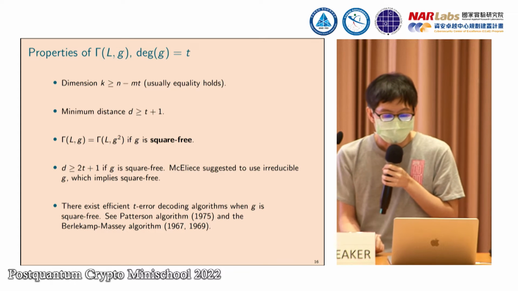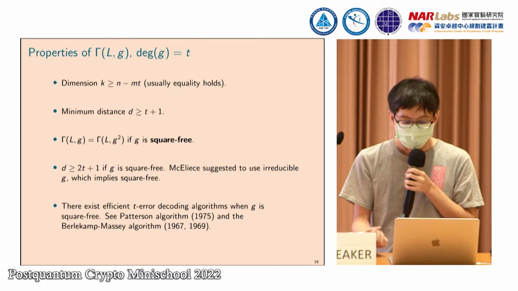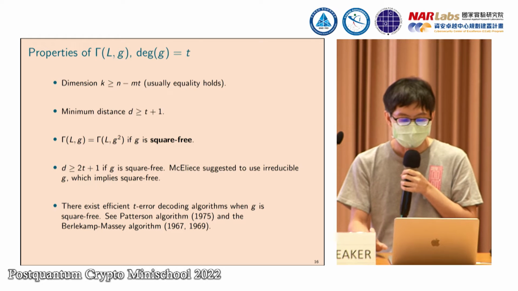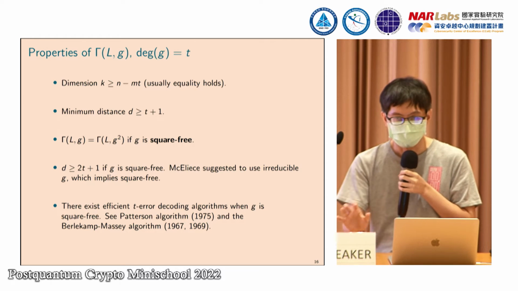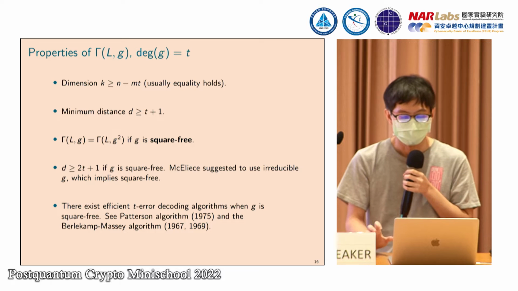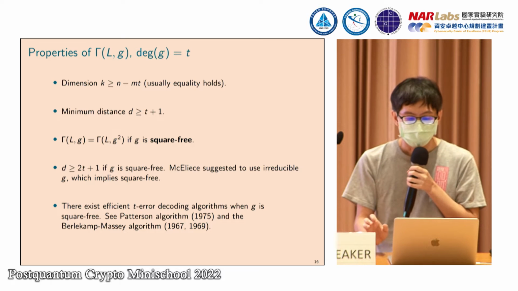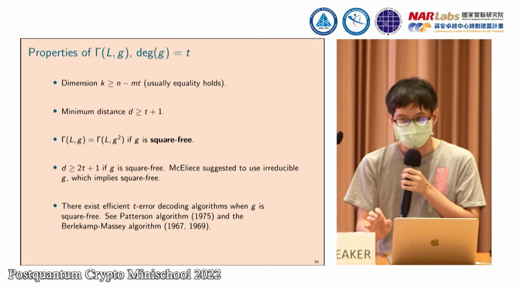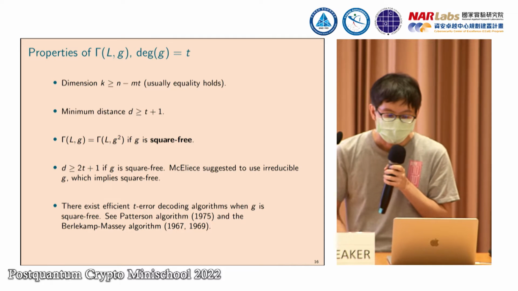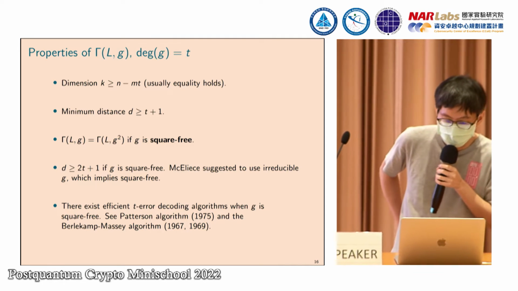The third property is that Gamma(L, g) is going to be the same as Gamma(L, g squared) when g is square free. Here I should explain what square free means.